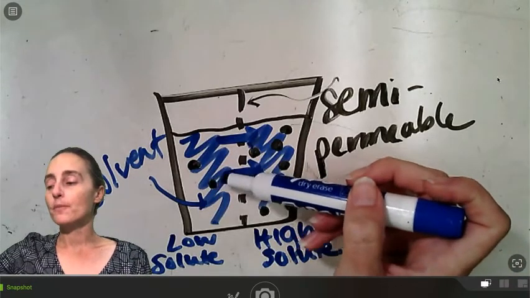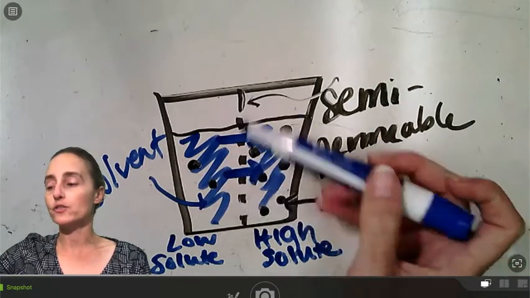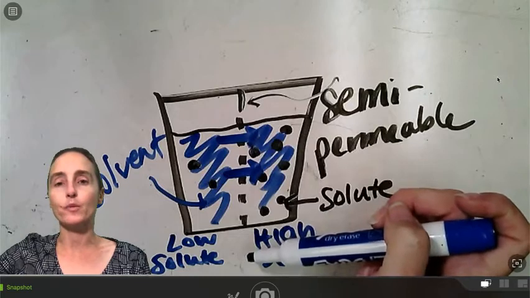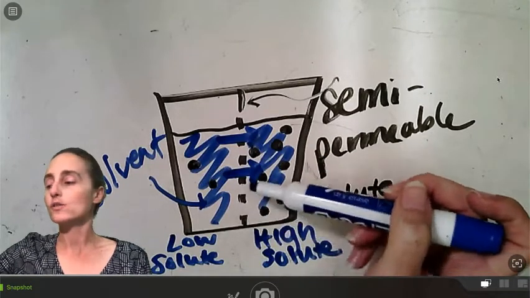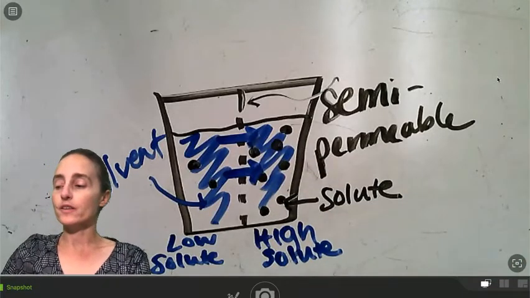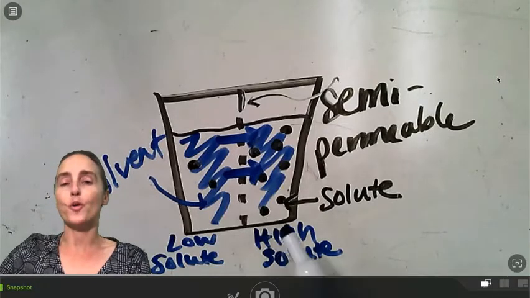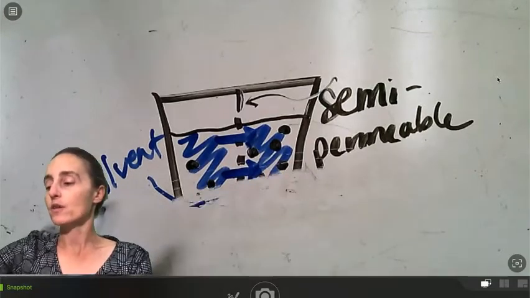The sugar is unable to pass through the semi-permeable membrane, so it can't move to make that balance happen. Instead, the water has to do the work. The water is going to go to the right, and even though there's still more sugar on the right side, there's also more water, which will bring that percentage of sugar down, which is what it needs.